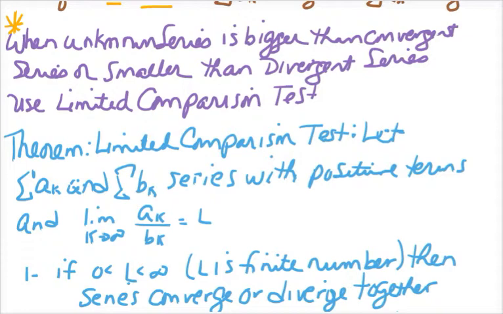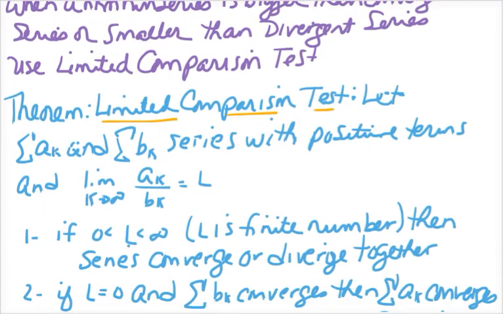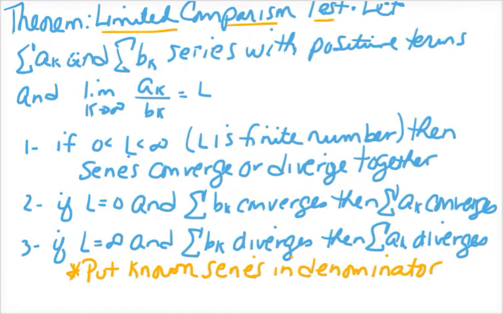And what you do is you take the limit of the ratio of the two series. So you're going to take the limit as k goes to infinity of the AKs to the BKs.